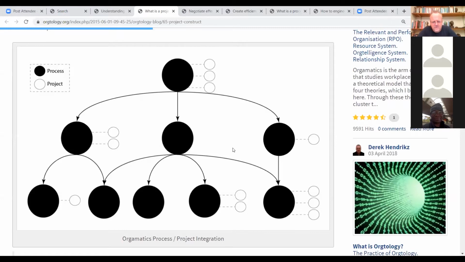The colors of this depiction are not coincidental. The reason we color processes black and projects white is, if you go back into ancient culture to the yin-yang philosophy, the black is that which is permanent. It's the yin.